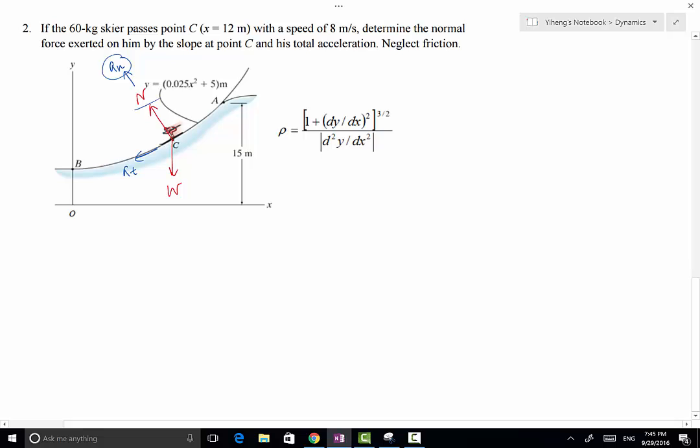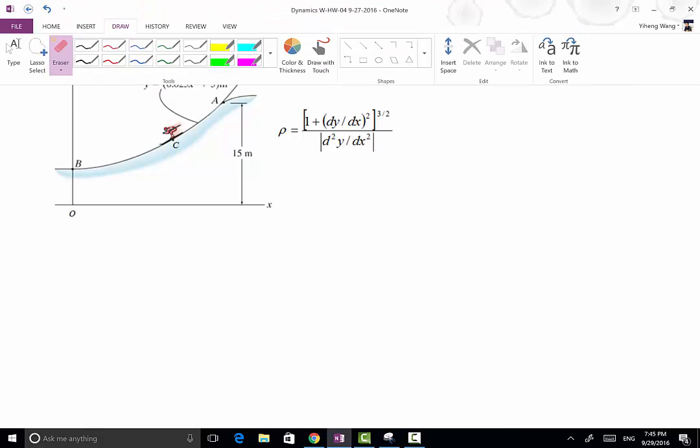And an, we know, is determined by v squared over rho. The speed is given, that's 8 meter per second. Therefore, we need to use the y-x equation, this relation right here, as well as this equation to determine rho. So that's our strategy.